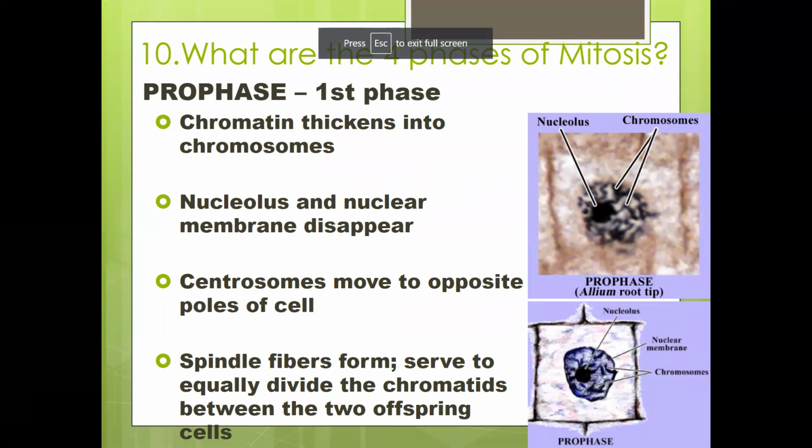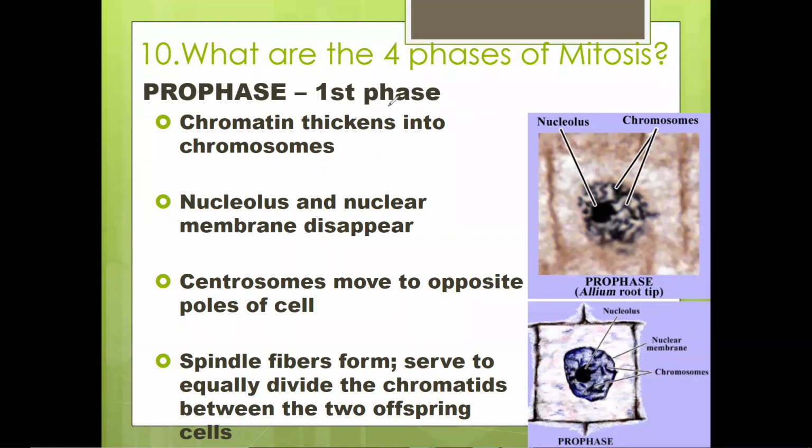But like I said before, we can break apart cell division into different phases. The first phase of cell division is called prophase. And a few things happen in that first phase. Chromatin is another word for DNA. So what's happening is your DNA is thickening and condensing into chromosomes in this phase.